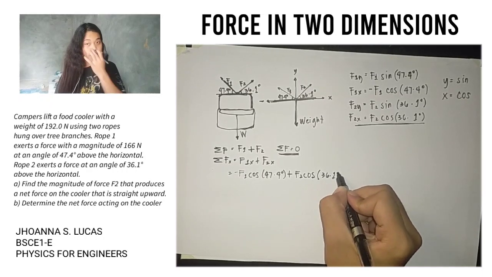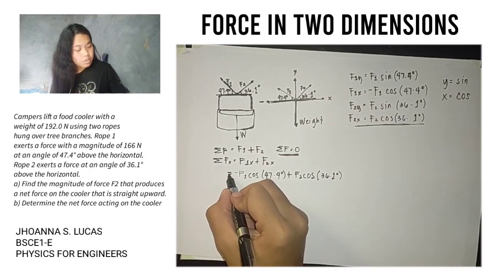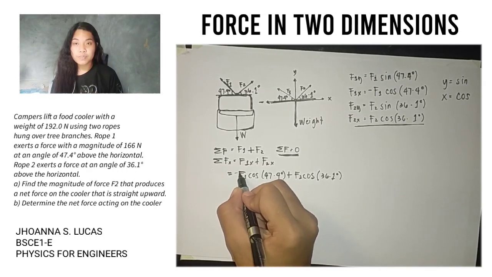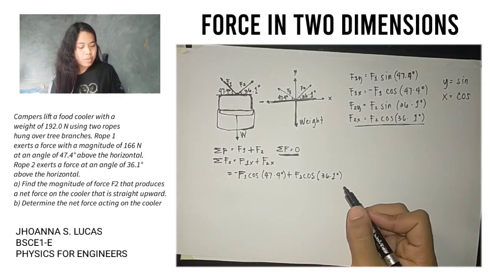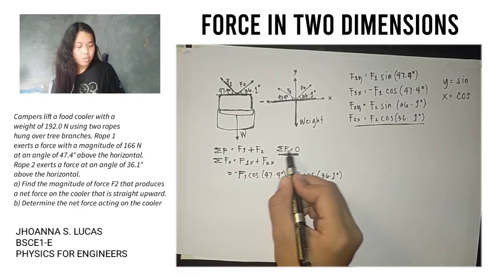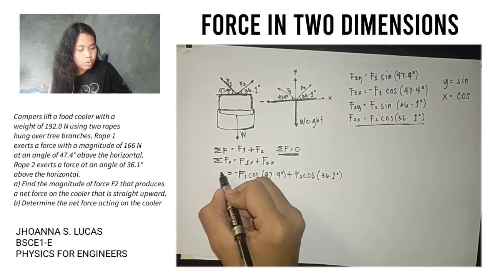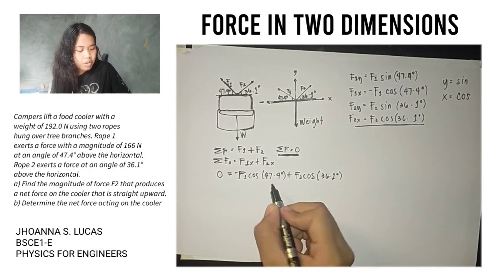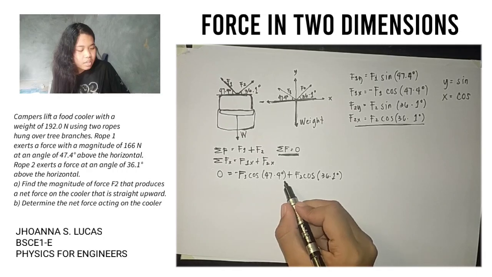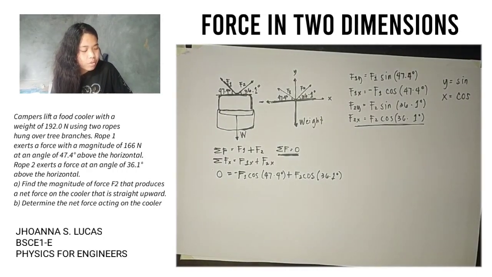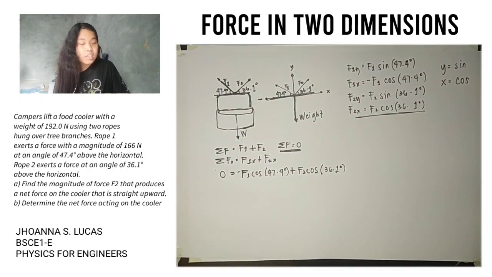So this is our equation in this problem, and we will replace summation of Fx with 0 since it is equal to 0. So 0 is equal to negative F sub 1 times cosine of 47.4 degrees plus F sub 2 times cosine of 36.1 degrees.